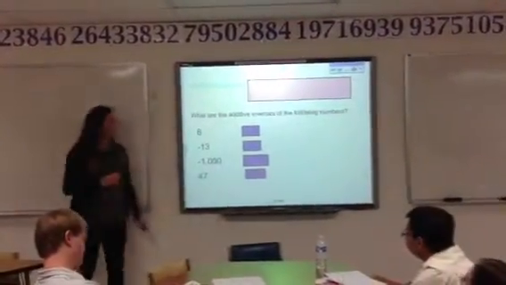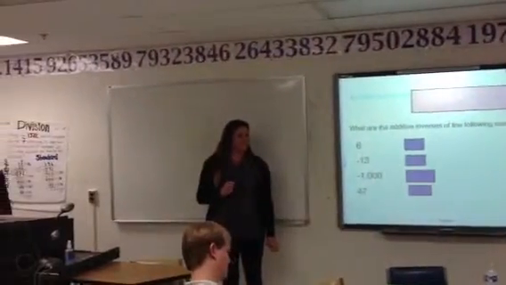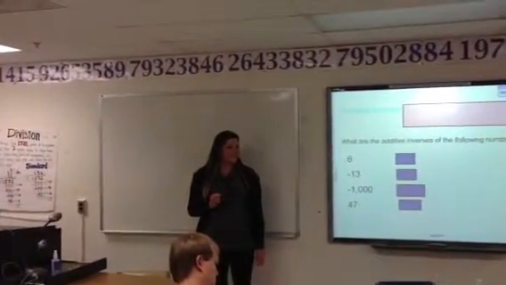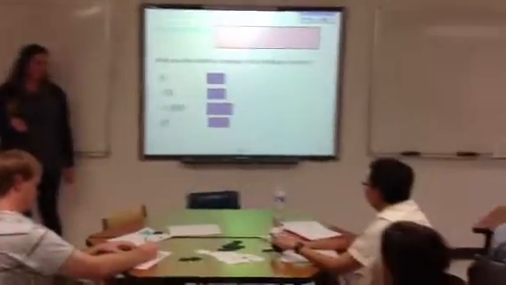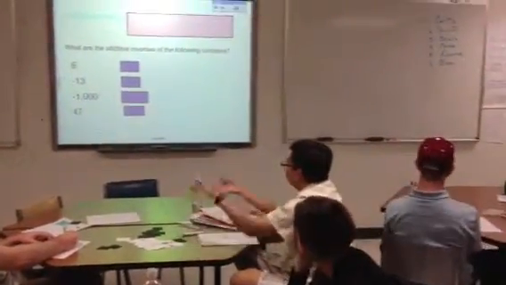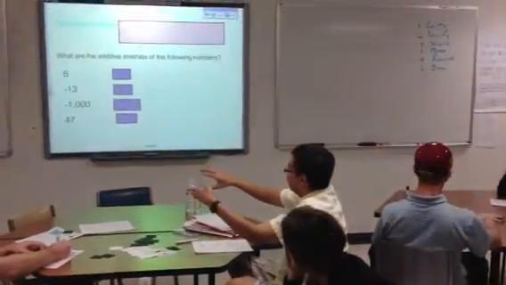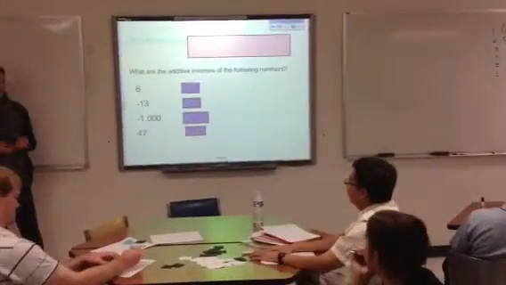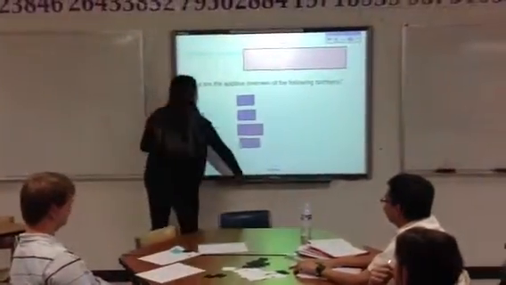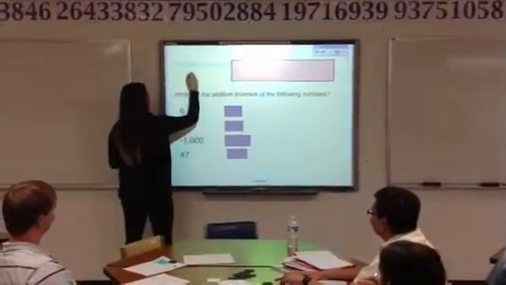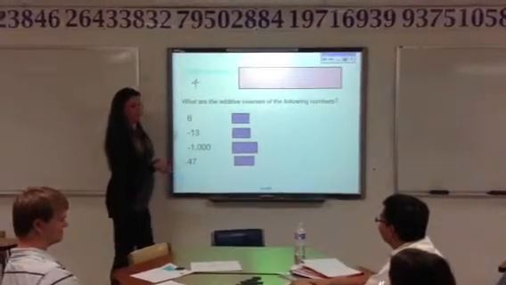Alright. So additive inverse. Who wants to share their definition of additive inverse? Ian? I'm guessing, if you flip the number upside down and then add them, then it's inverse? If you flip it, yeah. So if I have 4, what would the inverse look like? 9.